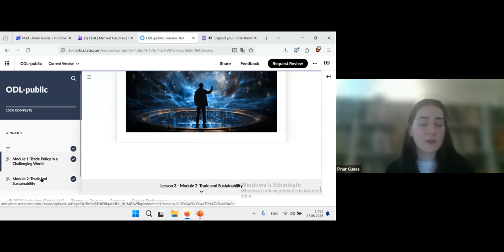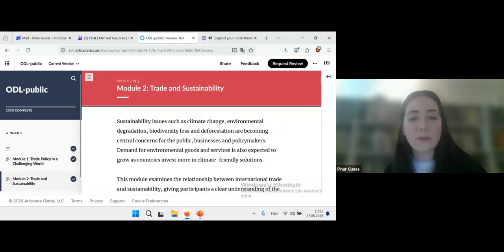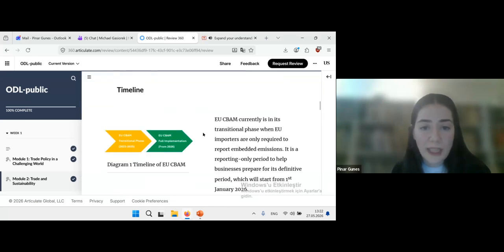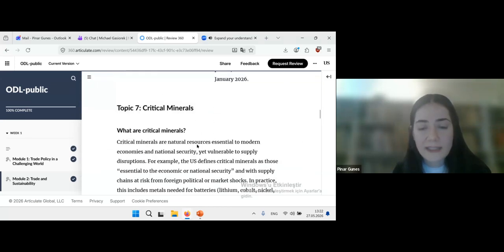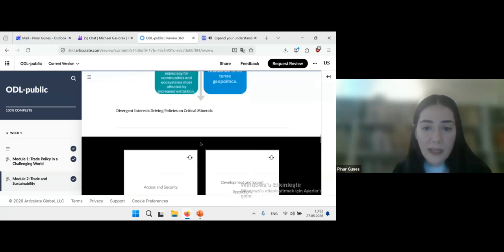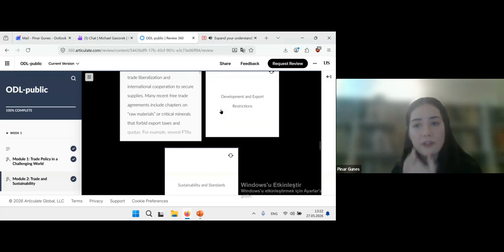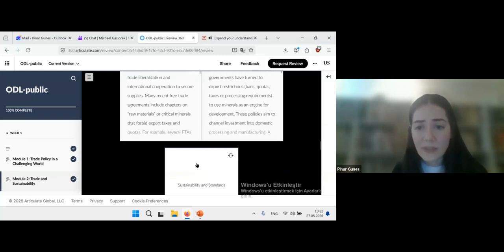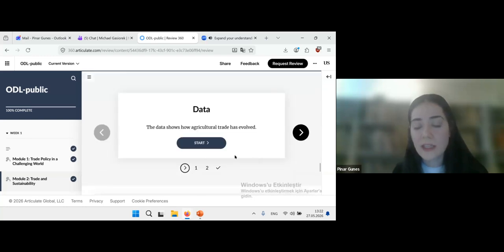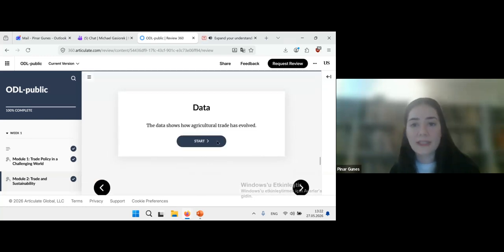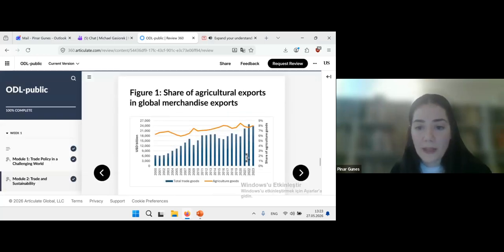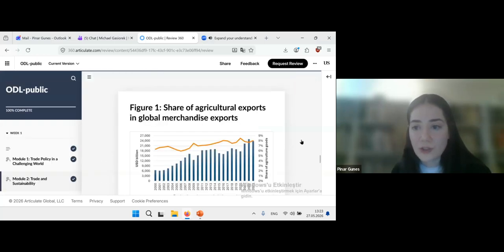And for the second module, Trade and Sustainability, again, we have the reading material from the slides. For example, we have such graphs, like such timelines. And we use, again, graphs. And we have, again, such flip cards for interactive materials, and I continue, and you can zoom in and zoom out, and you can continue.